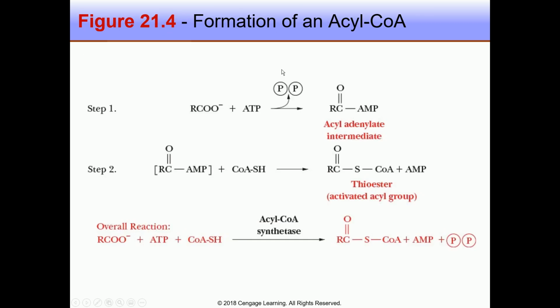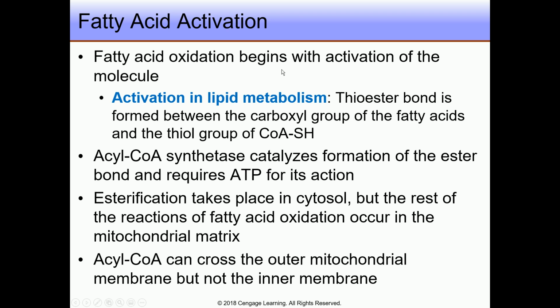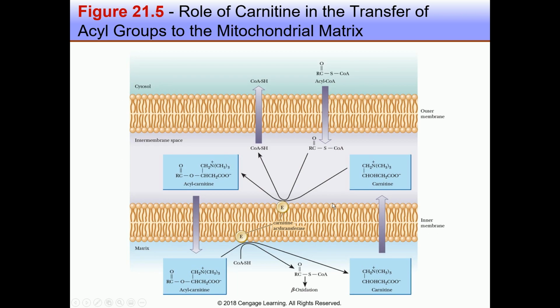Okay, so you can see here esterification takes place in the cytosol. So if you look at this picture, this is the cytosol. Here esterification has taken place, which means the linking of fatty acid with the coenzyme A. So this has taken place here, and this can enter from cytosol to the intermembrane space.